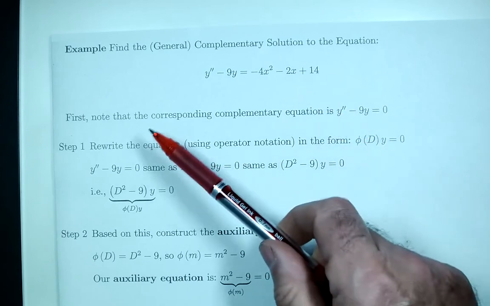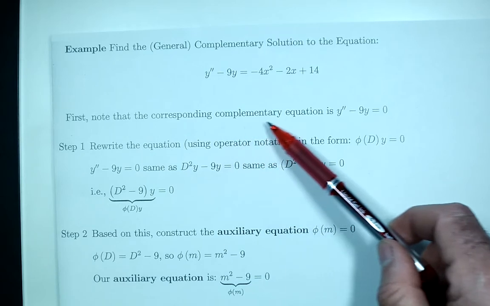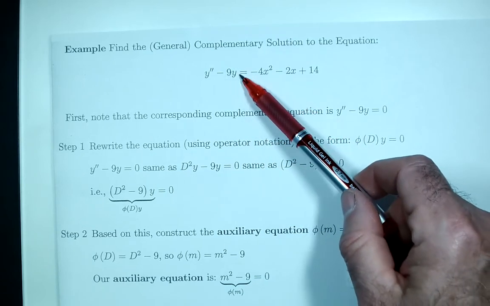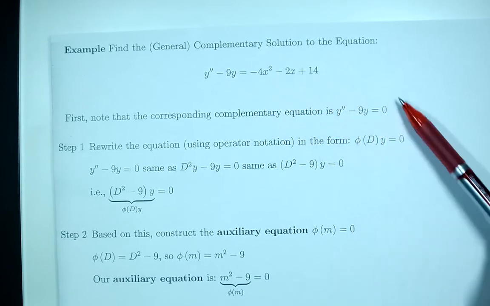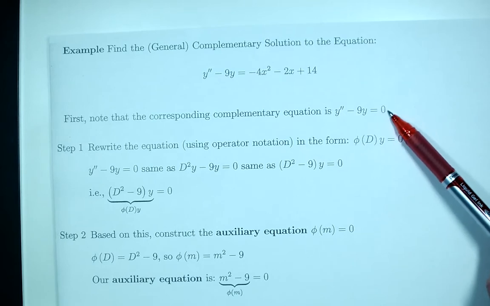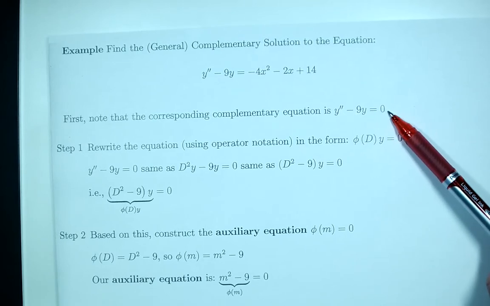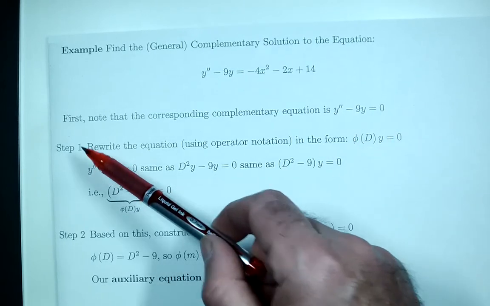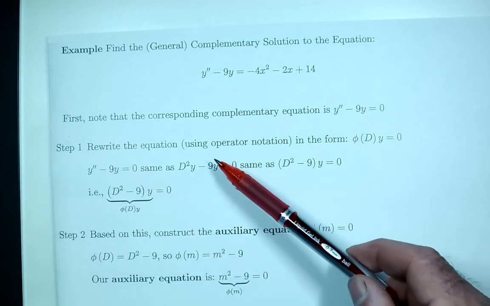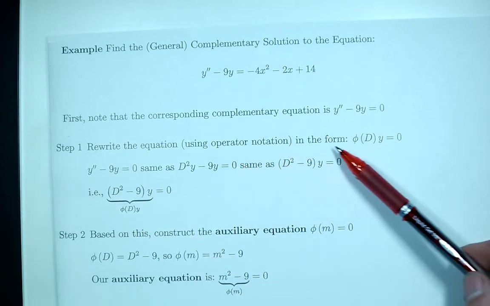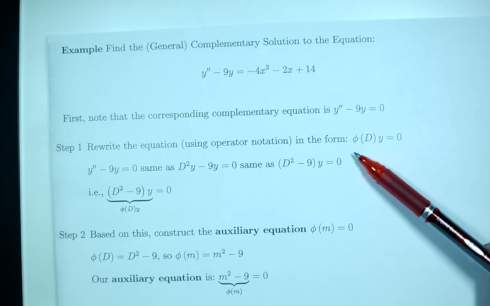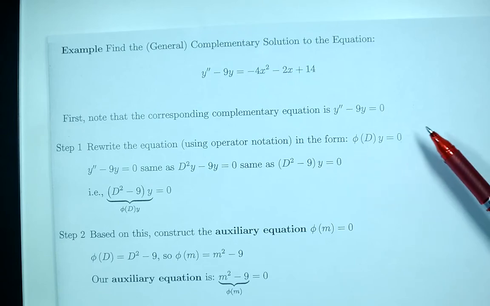Well, the corresponding complementary equation is just this equation with the right side set to 0. So that's the corresponding complementary equation. Step 1. Rewrite the equation using operator notation in the form phi of D y equals 0.